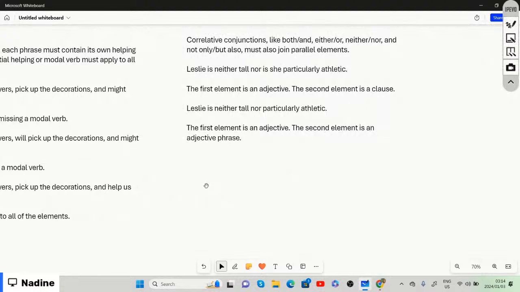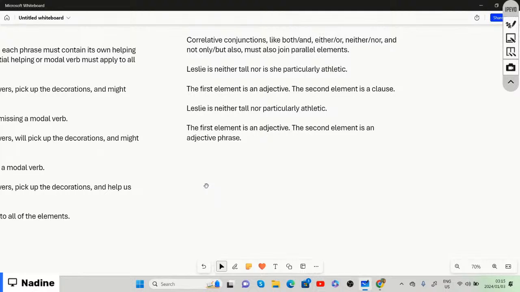Then we have correlative conjunctions, right? We said we have coordinating conjunctions, and correlative conjunctions, like both and, either or, neither nor, and not only but also, must also join parallel elements.